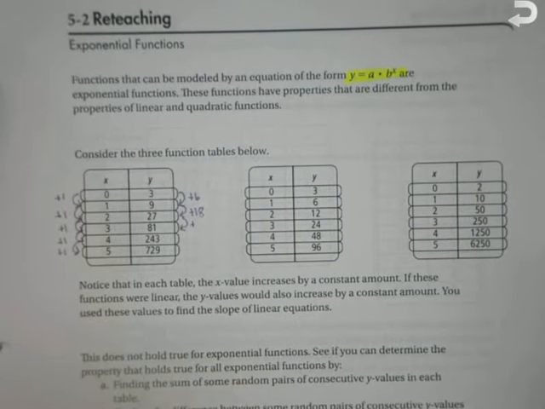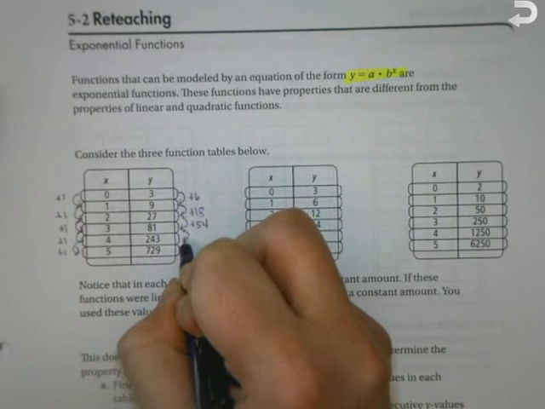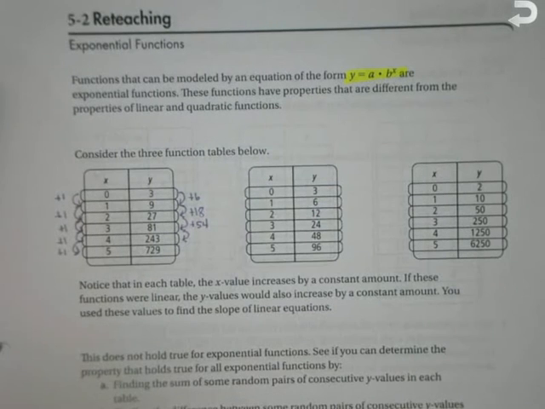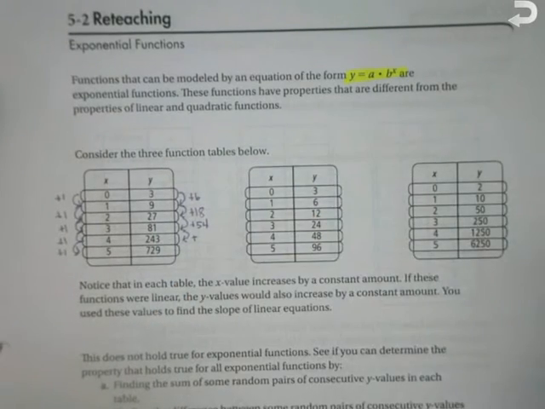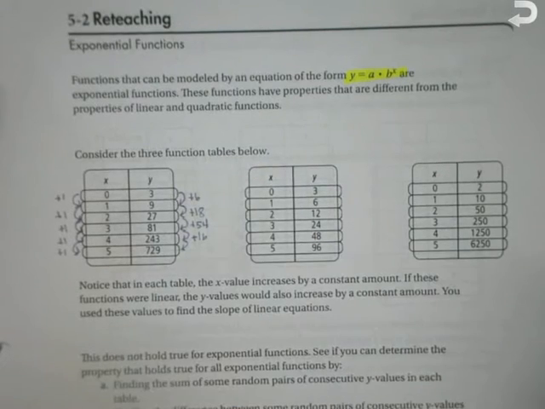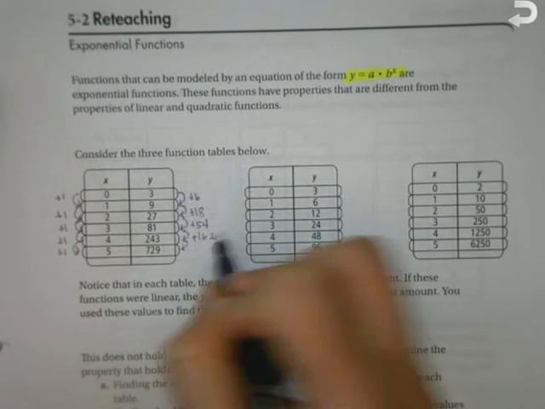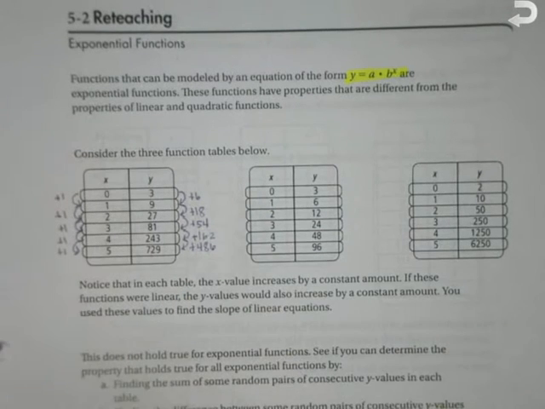I said, what do I add by? 54. And what about to get from 81 to 243? 162. And then 243 to 729. 486.